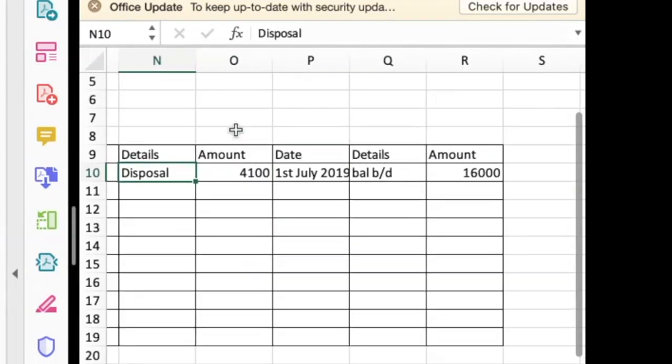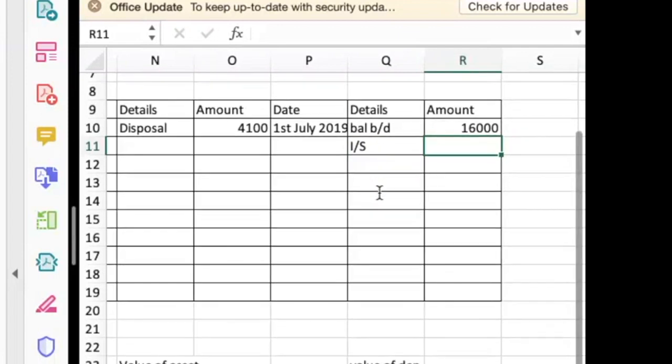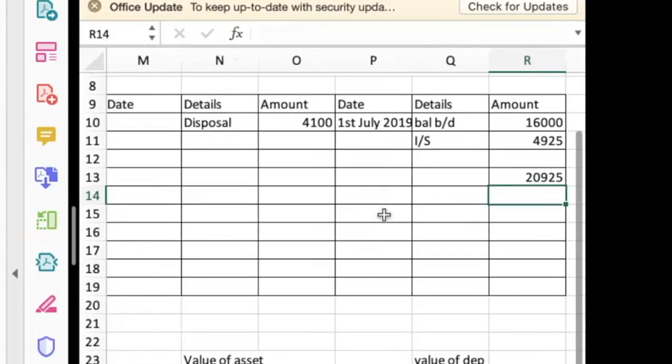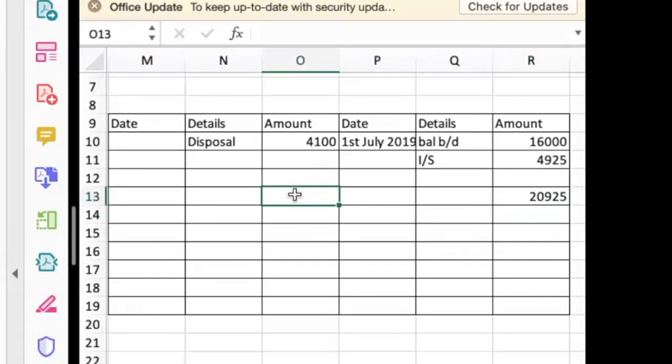Now we will add the new value of the depreciation, which is 4,925. And there we go. This is done. What is the total value of the depreciation? This plus this.